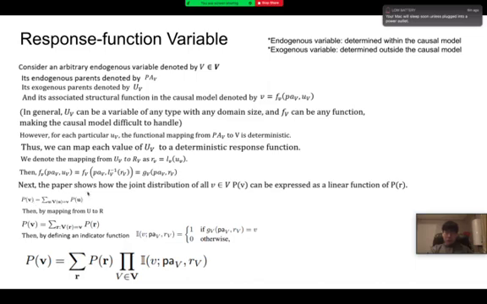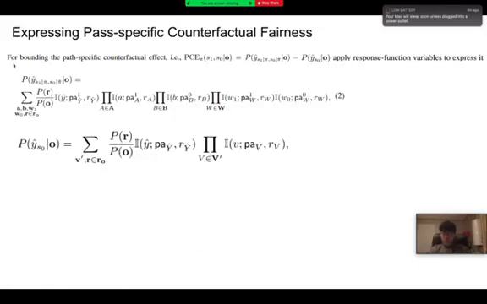And the paper shows how the joint distribution of all the endogenous variables can be expressed as a linear function of PR. After these steps, the final result is this equation, and PV is expressed as a linear function of PR. So for bounding the path-specific counterfactual effect, they apply this response function to their path-specific counterfactual effect.